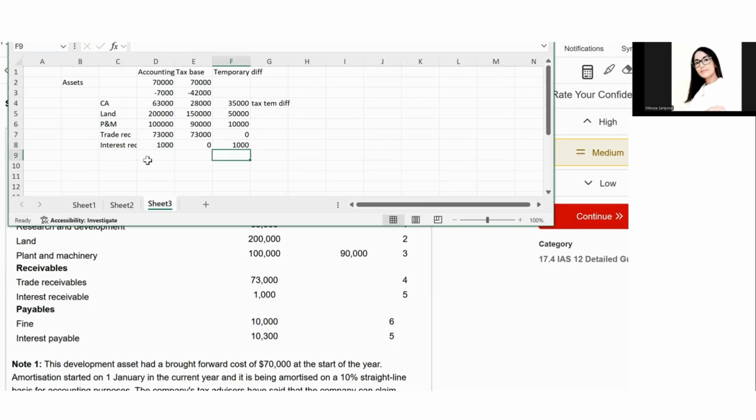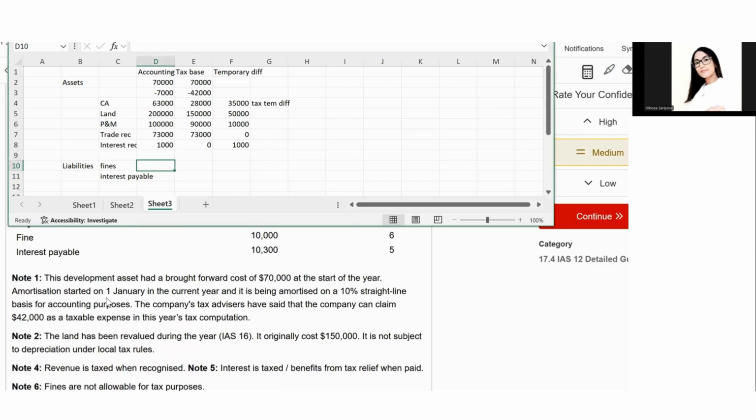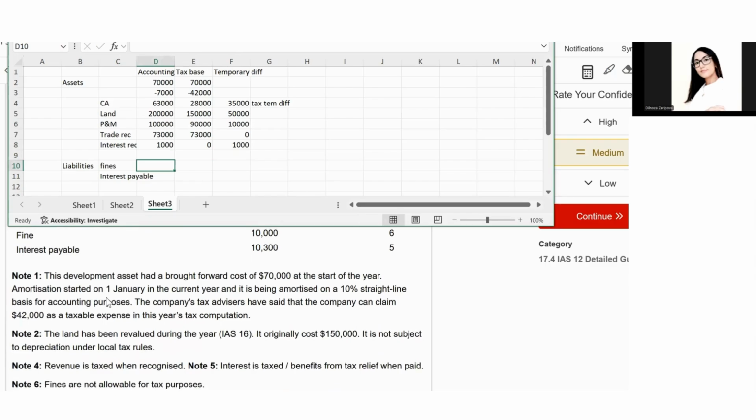All right. Now for the liabilities calculating. We have in liabilities fines and interest payable. Let's look at this. Note 6. Fines are not allowable for tax purposes. So what does it mean?